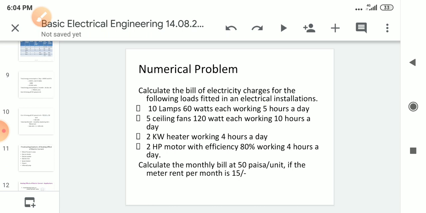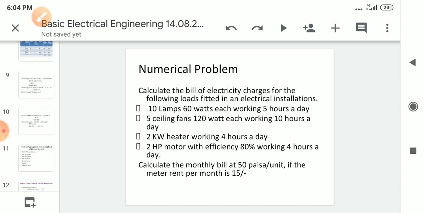Read the problem one more time. Calculate the bill of electricity charges for the following loads fitted in an electrical installation. 10 lamps, 60 watts each, working 5 hours a day. 5 ceiling fans, 120 watts each, working 10 hours a day.